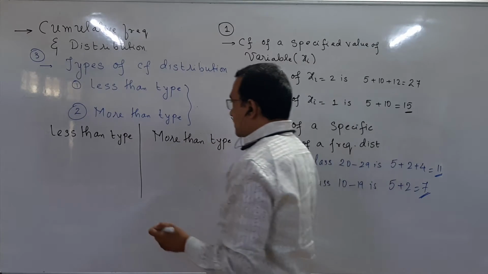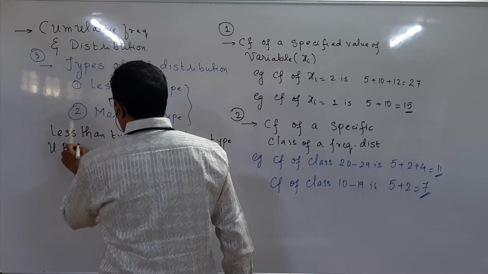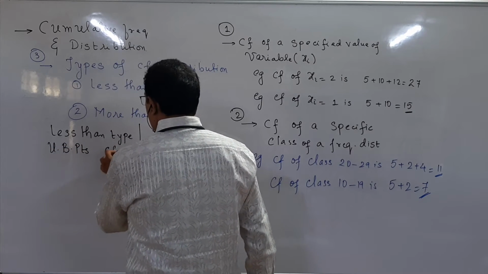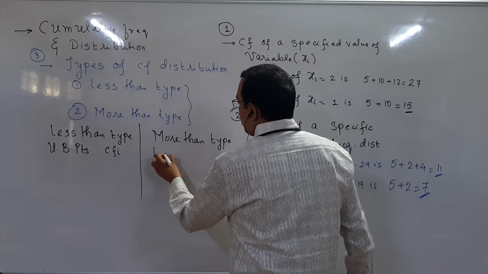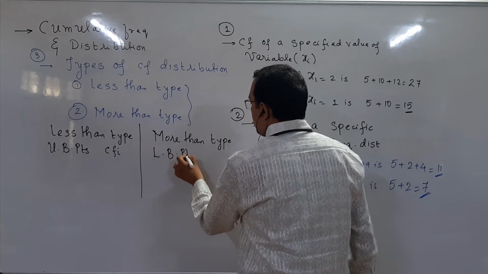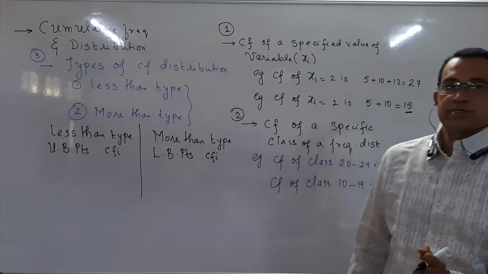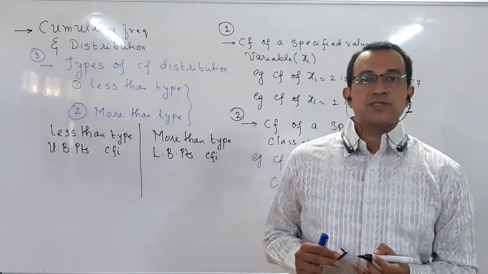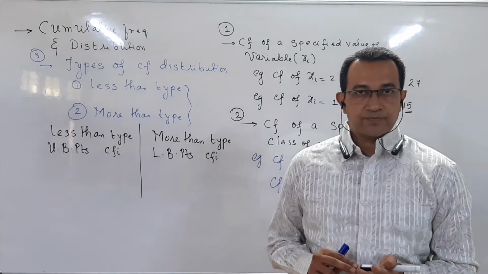If classes are given in less than type, we use upper boundary points and corresponding cumulative frequencies. And in more than type, we use lower boundary points and corresponding cumulative frequencies. This, students, we have to perfectly remember.